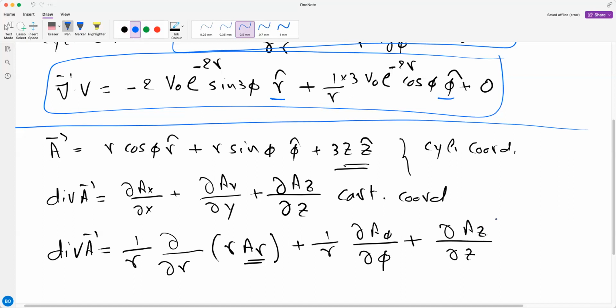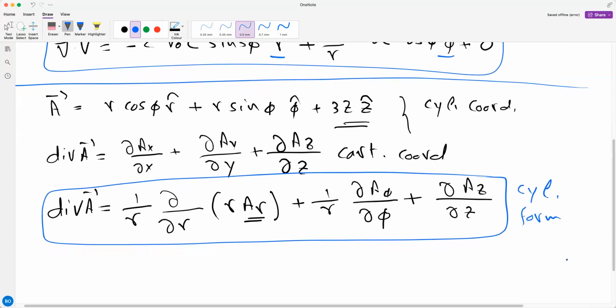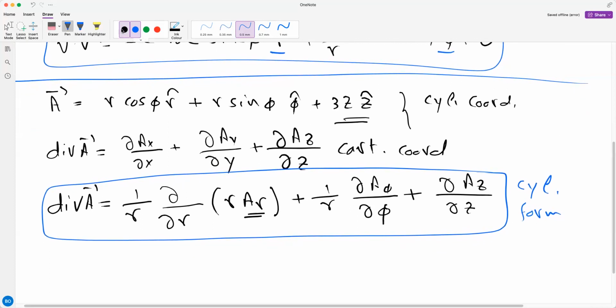This is the expression of the divergence of a vector in cylindrical coordinates.